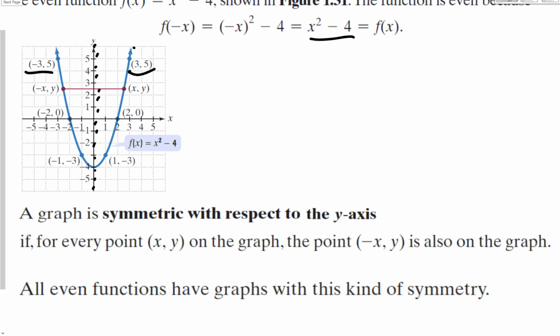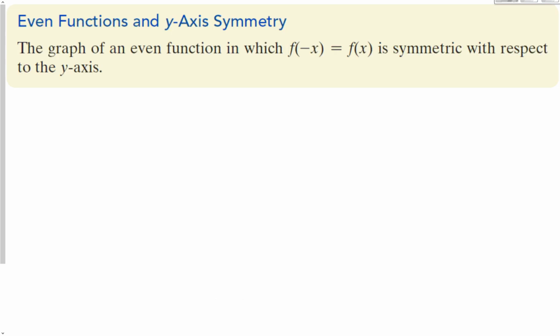These graphs always have this kind of symmetry. Well, if even functions are symmetric about the y-axis, you would probably guess that odd functions are symmetric with the x-axis, but that's not how it works. But let's see this first. The graph of an even function, in which f of negative x is equal to f of x, is symmetric with respect to the y-axis.